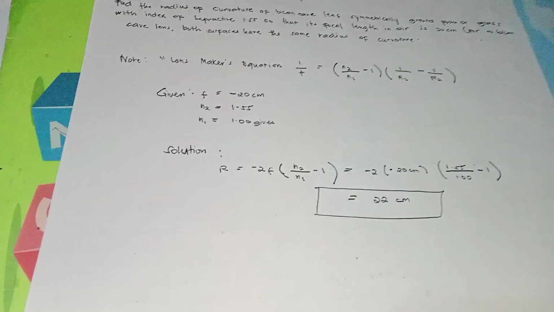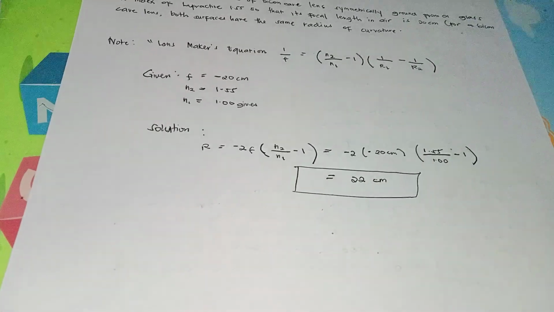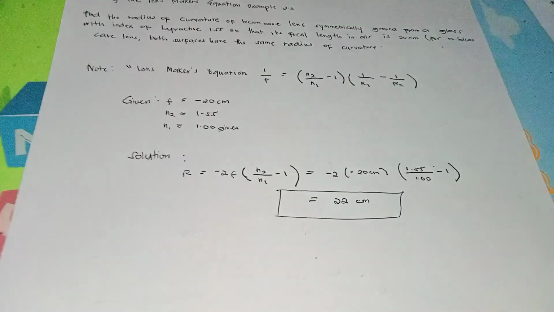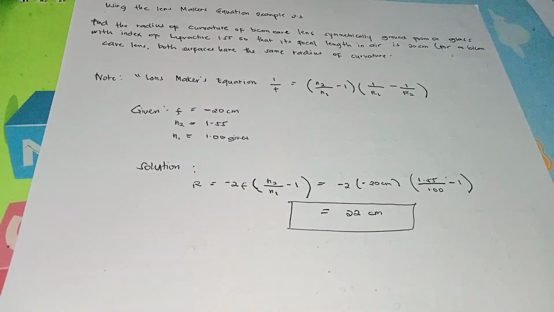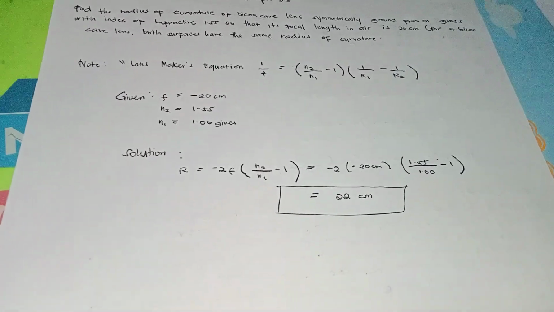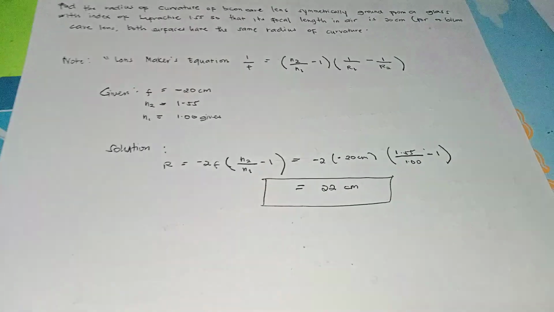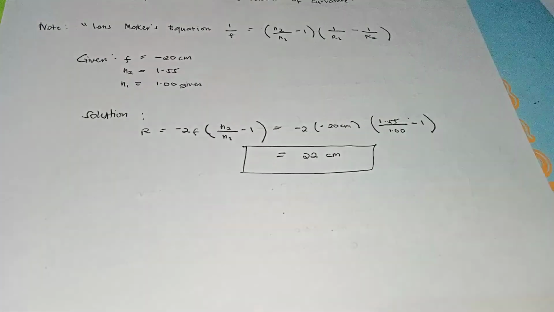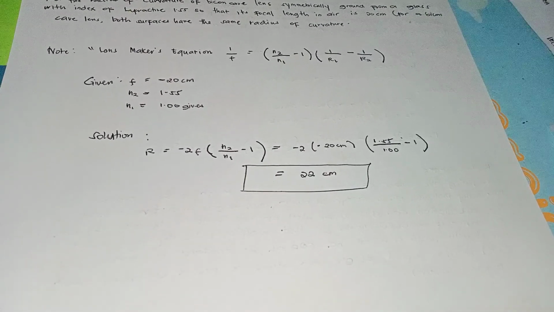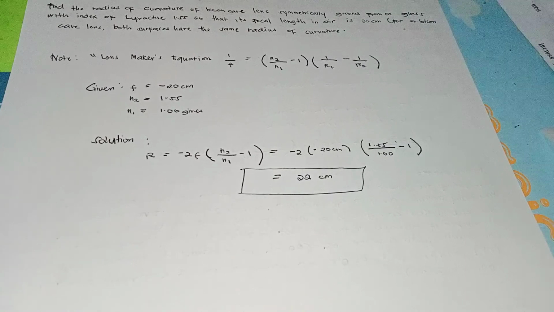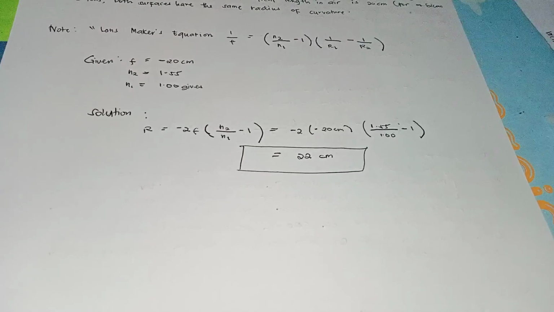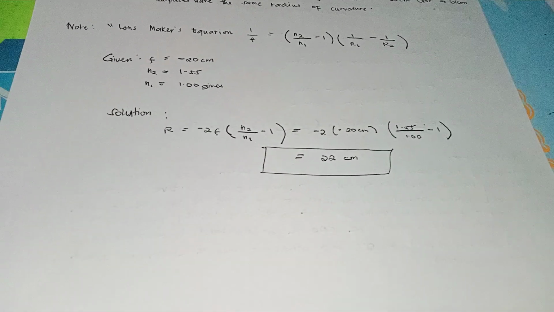times 1 over R1 minus 1 over R2. For the given, F is negative 20 centimeters, N2 equals 1.55, and N1 equals 1.00. For the solution, R equals negative 2F times N2 over N1 minus 1, which equals negative 2 times negative 20 centimeters times 1.55 over 1.00 minus 1.